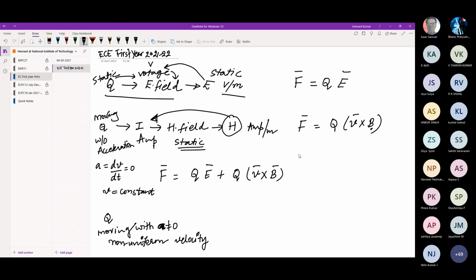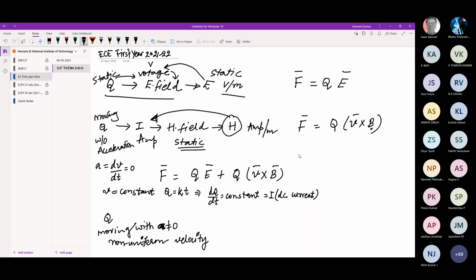And in the uniform case, the charge is varying linearly with respect to time. So you can say that dq by dt is a constant, and dq by dt is nothing but the current. So this is a DC current. Whenever there is a DC current, there will be an electric field, and that will be static.